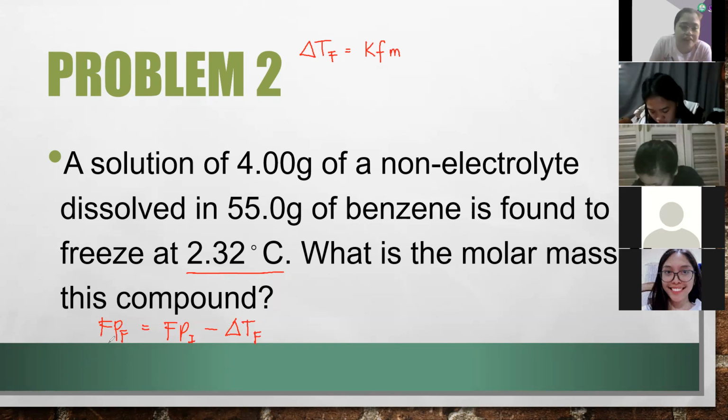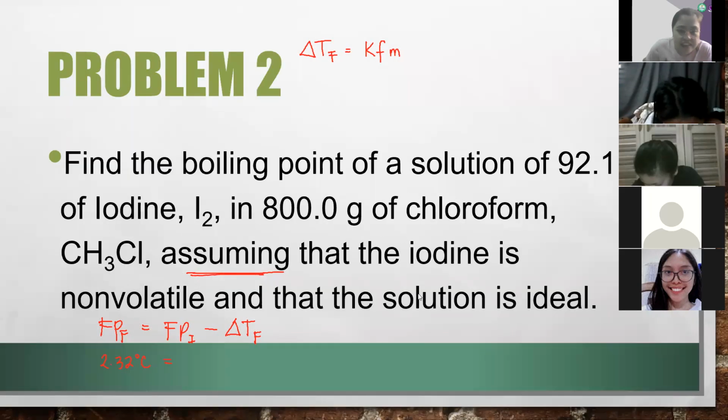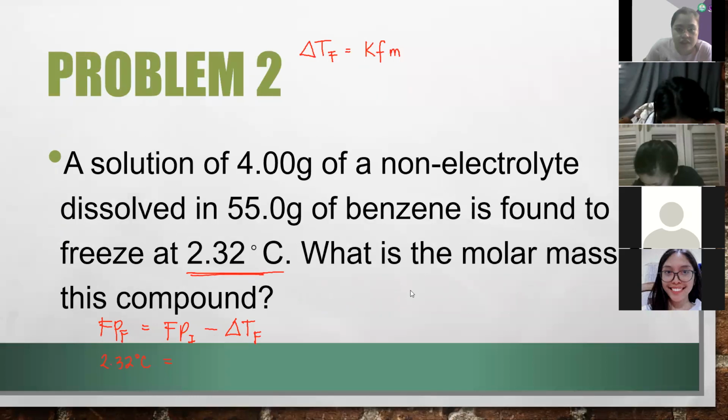Kasi yung freezing point na final, given siya sa problem, that's 2.32 degrees Celsius. Tapos yung initial naman, you can always look at that in the table. Our substance is benzene. And again, benzene freezes at 5.5 degrees Celsius.